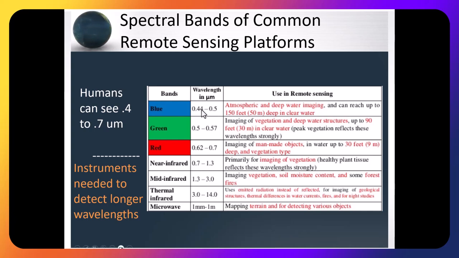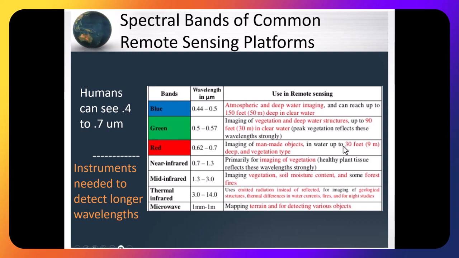Blue is 440 to 500 nanometers, or 0.4 to 0.5 microns. Green, 0.5 to 0.6. Red, 0.6 to 0.7, give or take. And again, there are variations here in the fine print of how engineers construct these bands to achieve the purposes of the remote sensing platform.